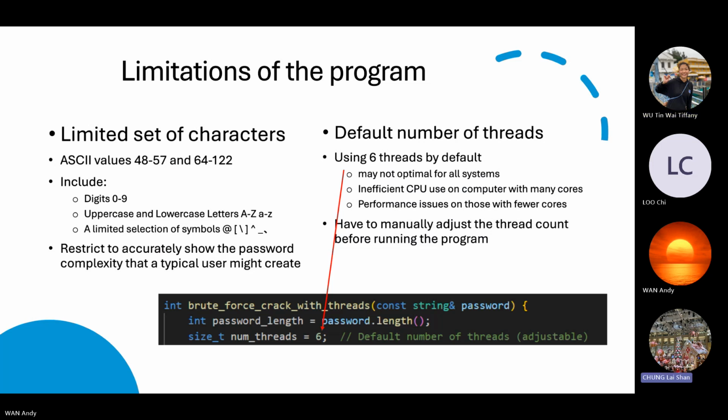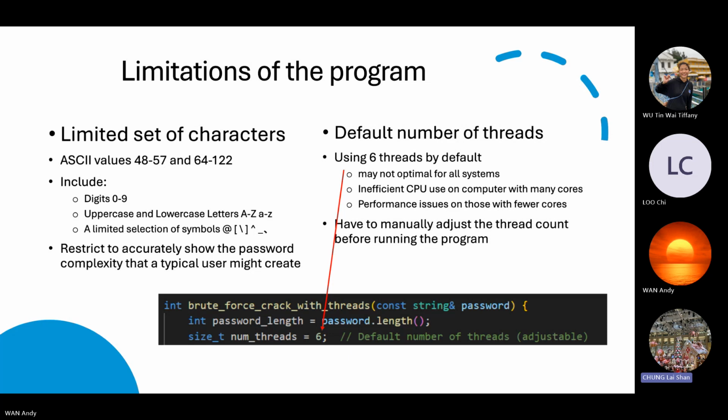In this program, there are two main limitations. The first one is a limited character set of password. This program covers all digits and letters but includes only a limited selection of symbols. Some commonly used symbols on keyboard such as full stop and comma are not included. It reduces the total number of possible combinations for any given password, making it much easier for the program to crack the password.